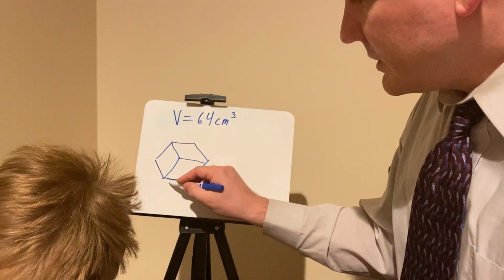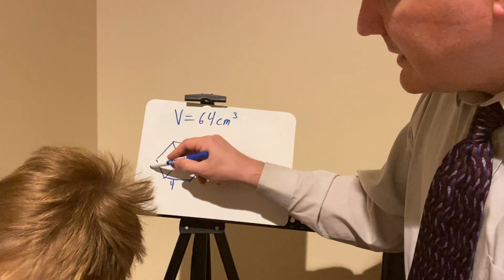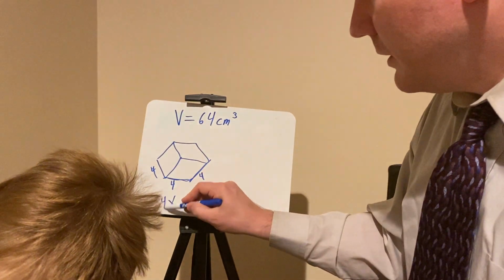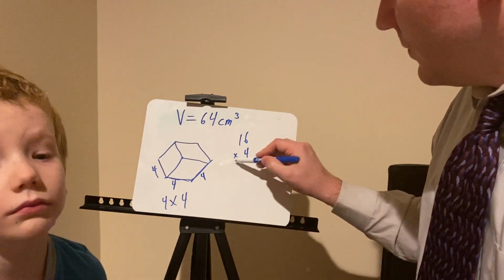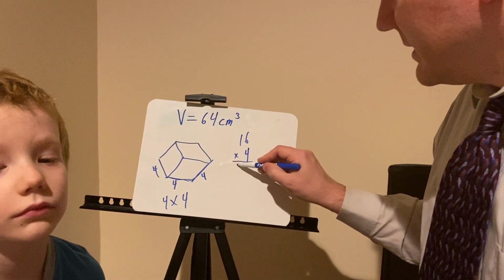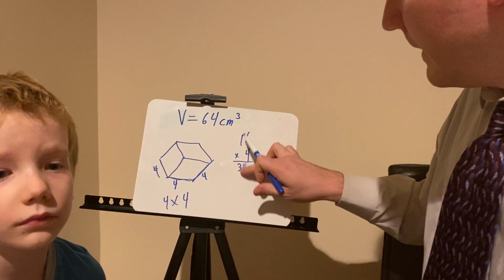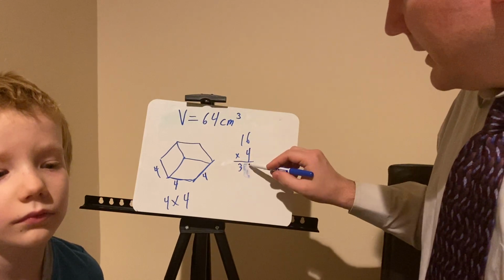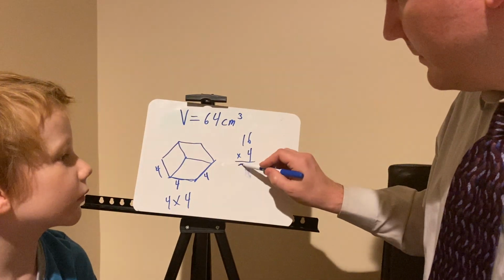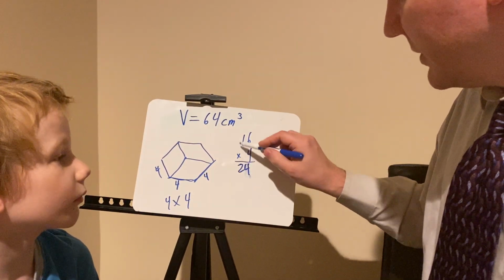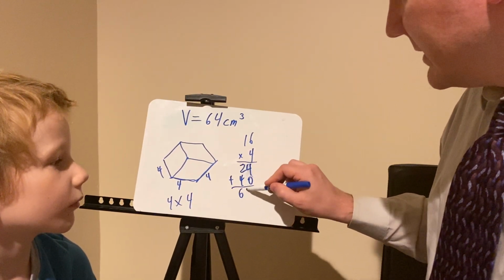I actually know that if I do 4 times 4, I get 16. And then 16 times 4. 4 times 6 is 24. 4 times 10 is 40. 24 plus 40 is going to be 64.